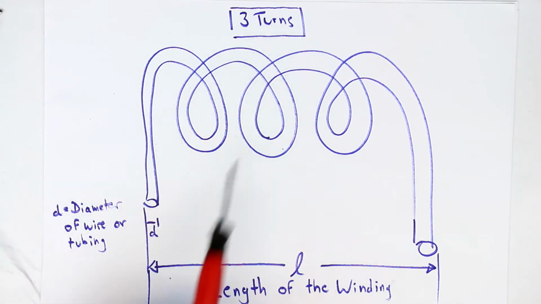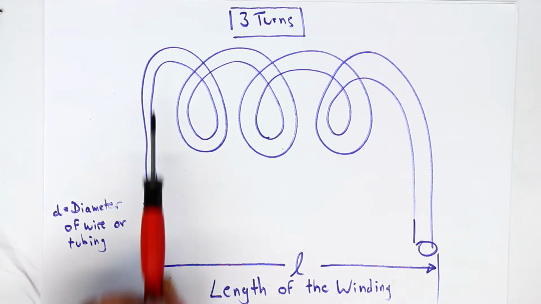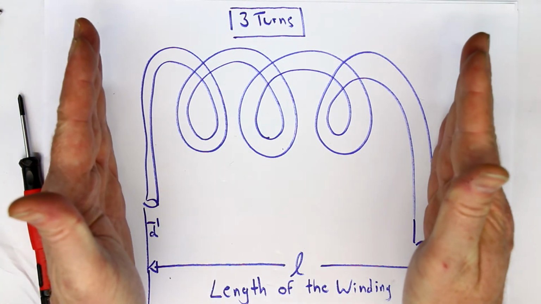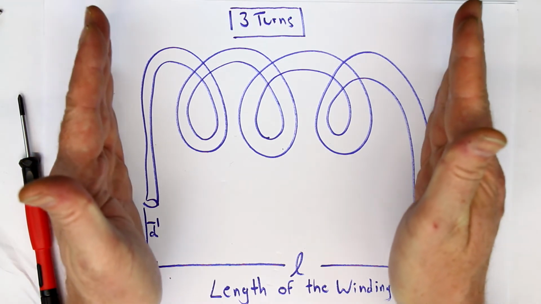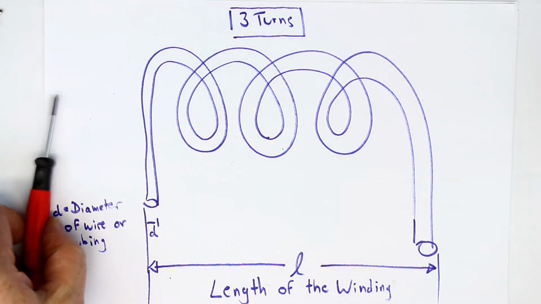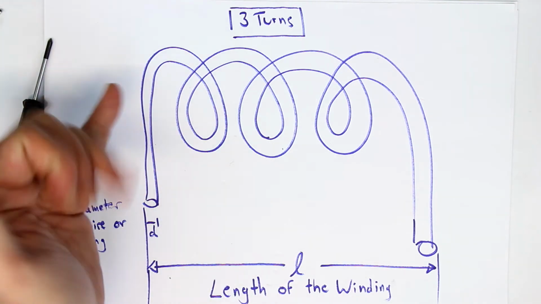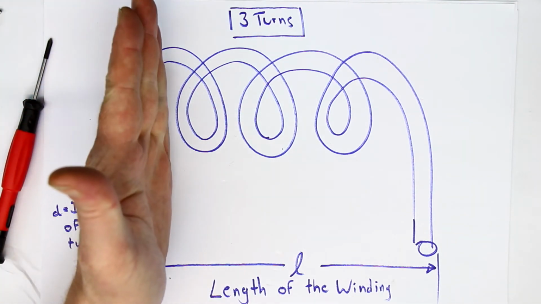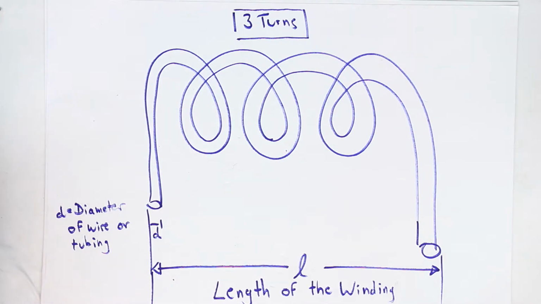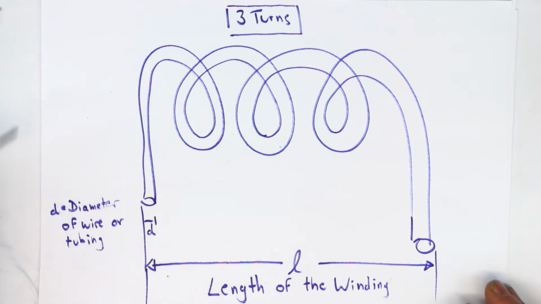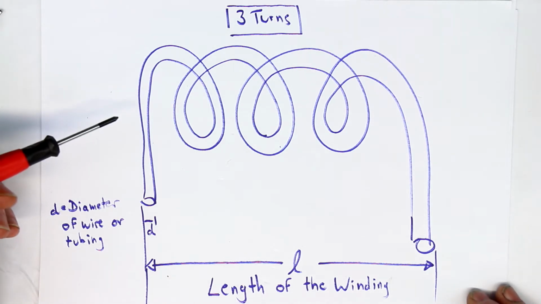So if we have 3 turns and we would choose a length of the winding of 60 millimeters, then the turns would be touching, which means the solenoid, as it looks here, would be compressed so that, different to what I've drawn here, each turn would really touch the next turn. And the spreadsheet warns you if that happens.